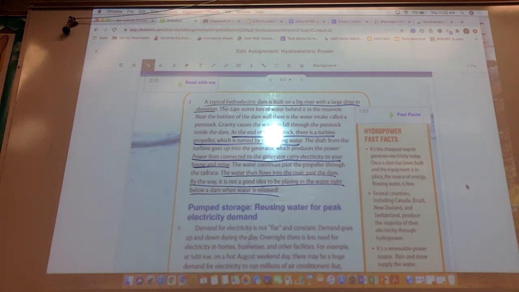The water is then allowed to flow back through the turbine generators at times when electricity demand is high. Okay. Anything that we should highlight?